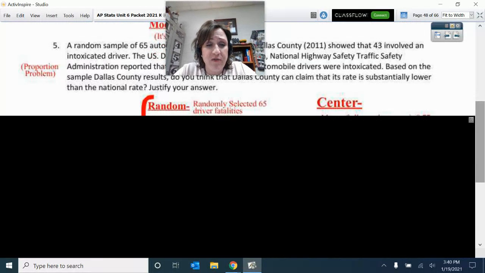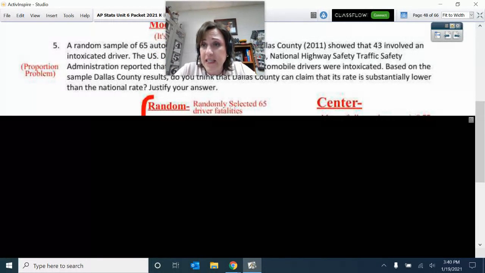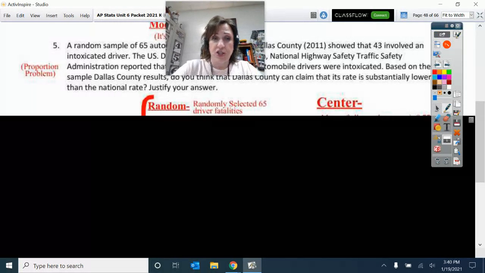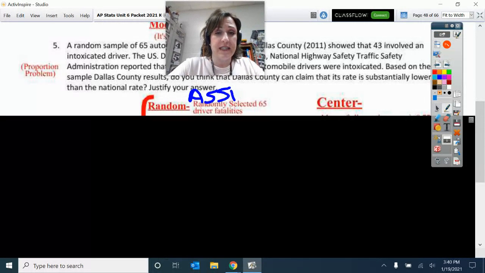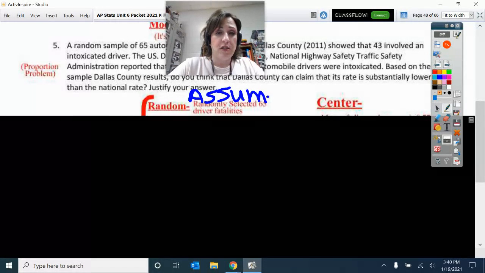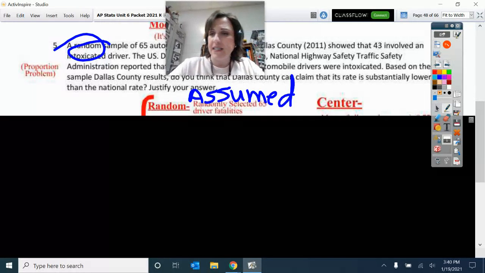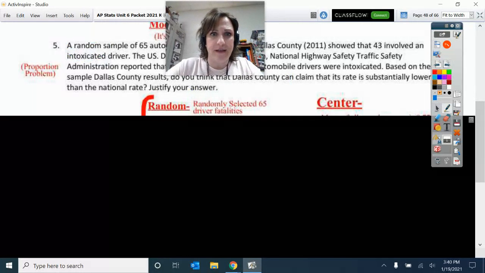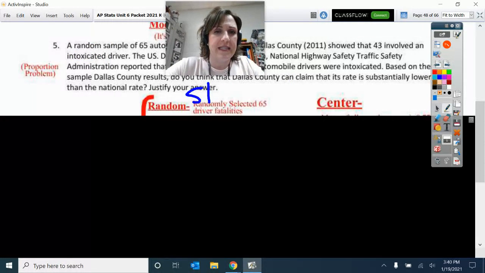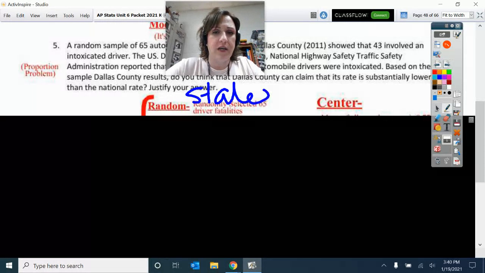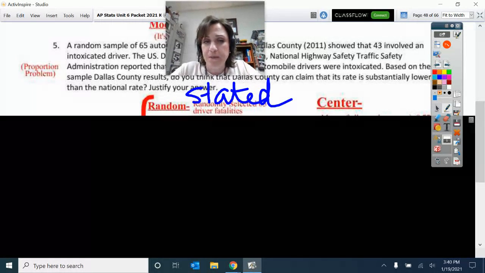So you know what I should have put in here then, I guess, is the word assumed. So I should have put assumed that it's randomly selected, unless, oh, nope, there it is. It's stated. Okay, so then I should have put stated. Okay, so it's stated that it was randomly selected. Okay, cool. So I'm stating or assuming.